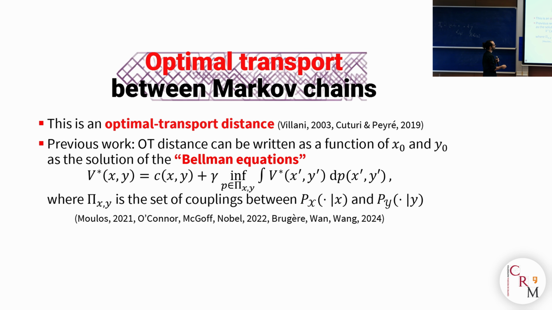What I need you to notice here is this is a nonlinear fixed point equation, that here on the right-hand side you have an infimum, which itself is terribly difficult to compute. This infimum involves solving an optimal transport problem. And you need to not only compute the solution to this, but need to do this many, many times until you can find a fixed point of this system of equations.